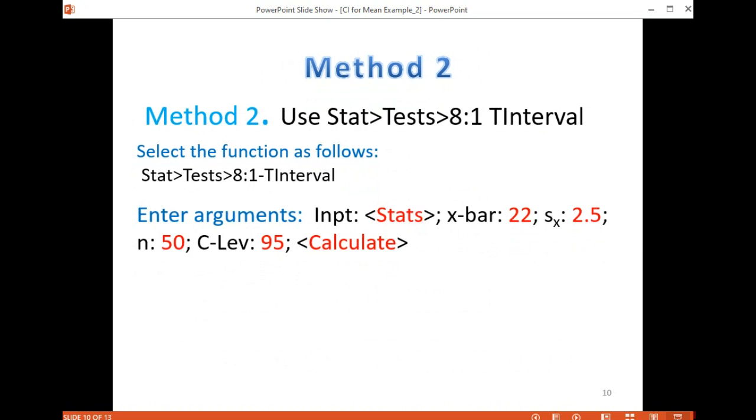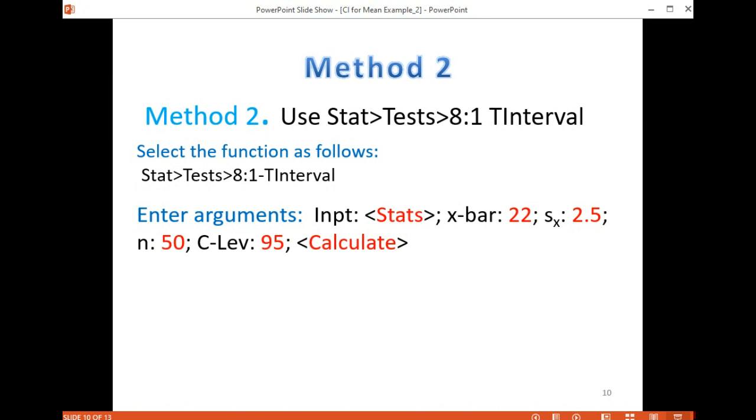All the arguments that you have, I have written down here in red. The black is what you'll see on the calculator, and the red is what you would enter. Those within the little less-than-or-equal-to brackets are ones that you select, but other than those, you have to physically type them in.